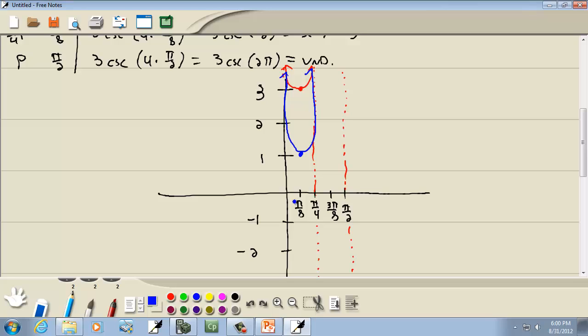So let's talk about our domain and our range. For our domain, see, it doesn't exist at pi over 4. Doesn't exist at pi over 2. That's really 2 pi over 4. This is like 1 pi over 4.